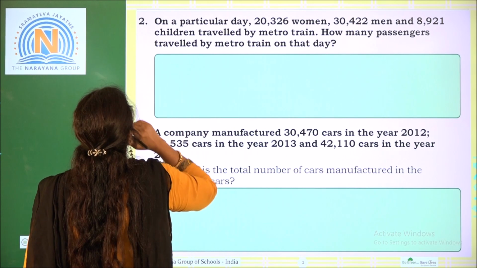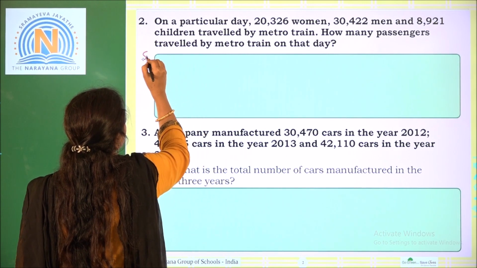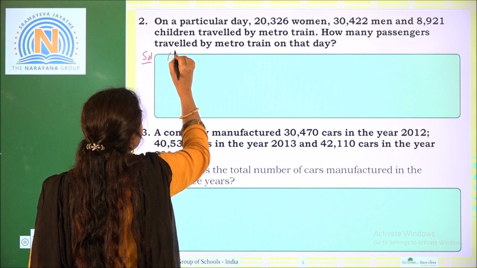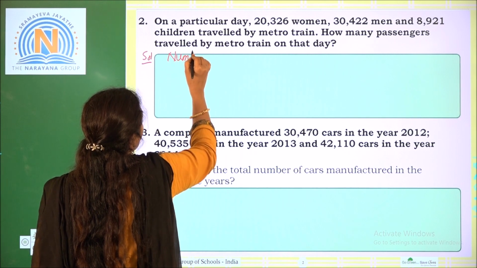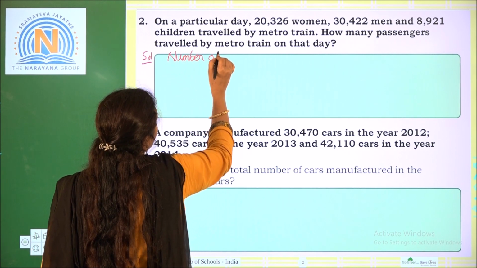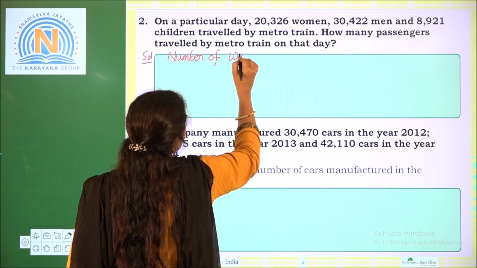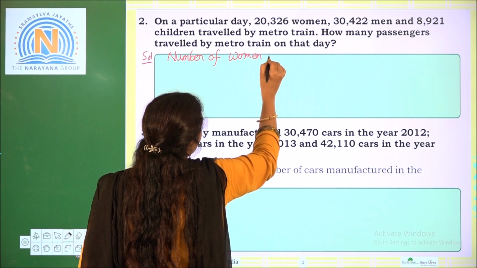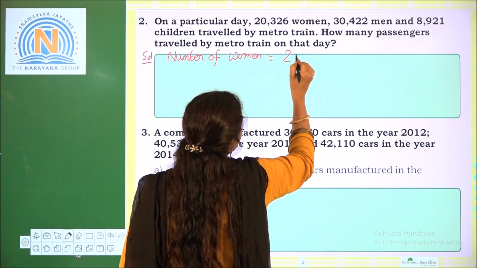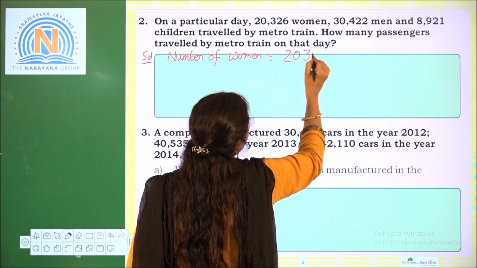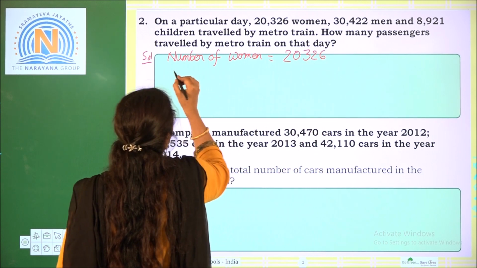So write the solution. Number of women equals 20,326.